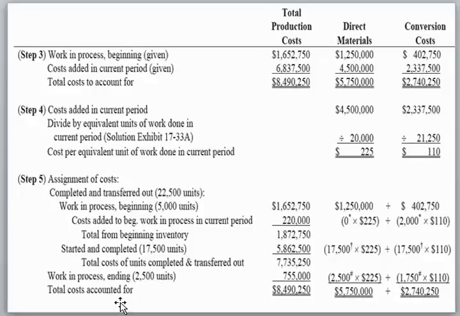So the total cost accounting for direct material: total all of these amounts in the direct material completed and beginning work in process, started and completed, and ending work in process, we will get 5,750,000 direct material and conversion cost 2,740,000 and 250. So the total costs accounted for are 8,490,000 and 250.